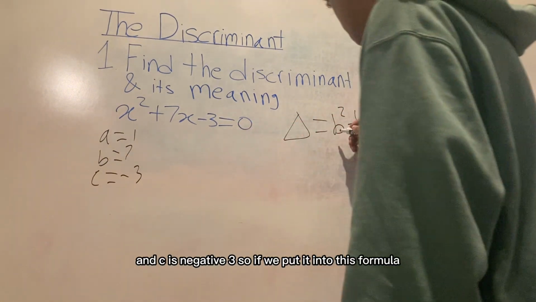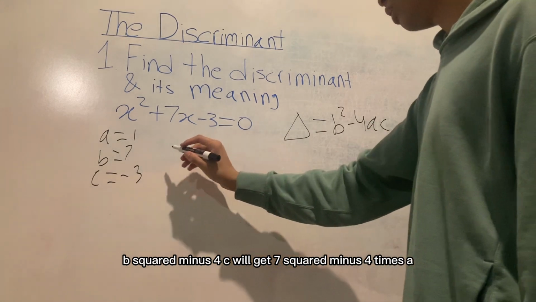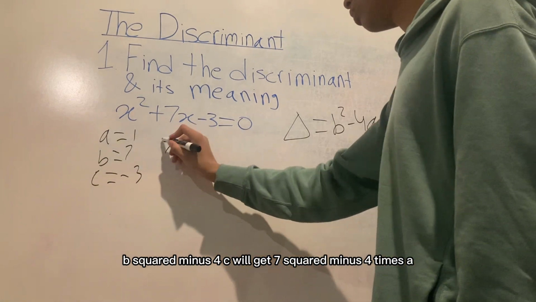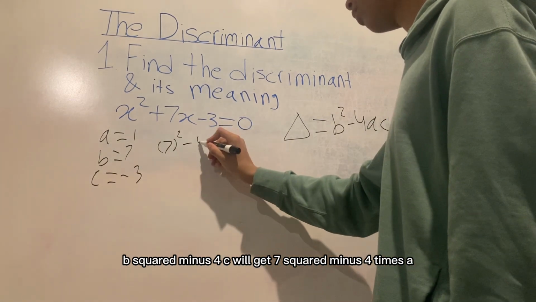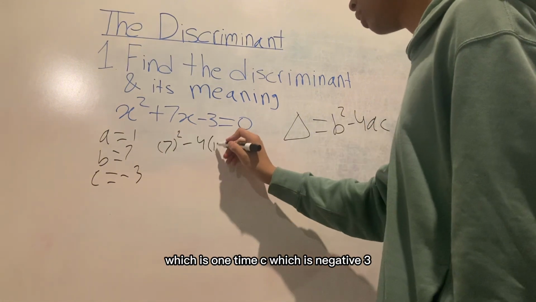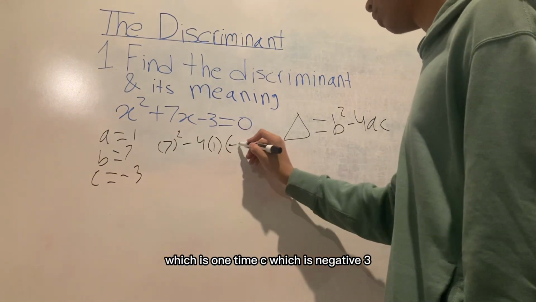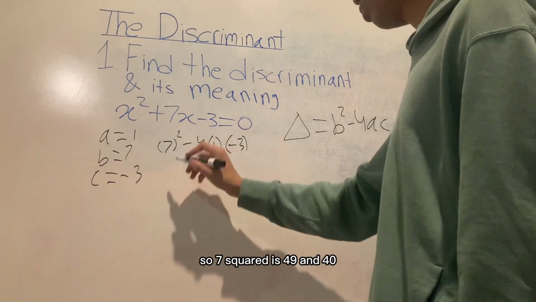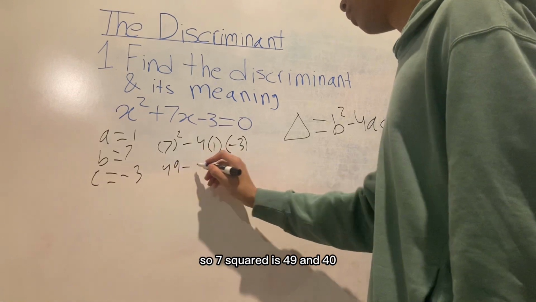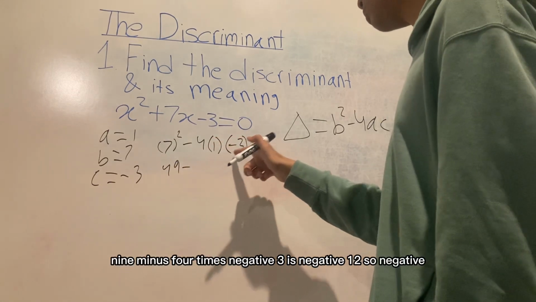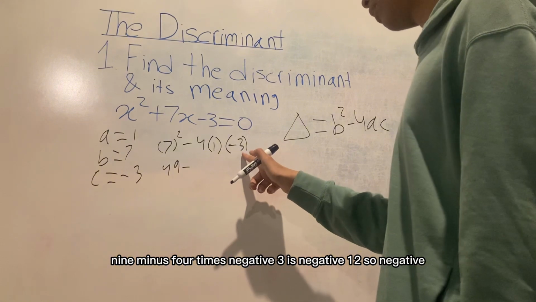Putting it into the formula, we get 7 squared minus 4 times a, which is 1, times c, which is negative 3. So 7 squared is 49, and 4 times negative 3 is negative 12.